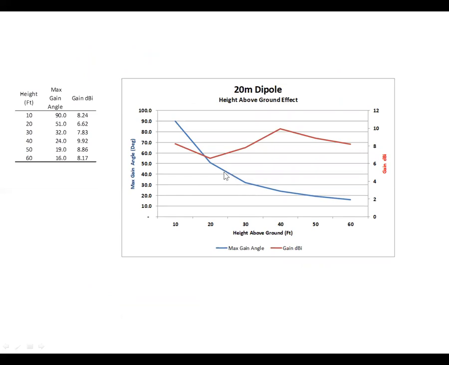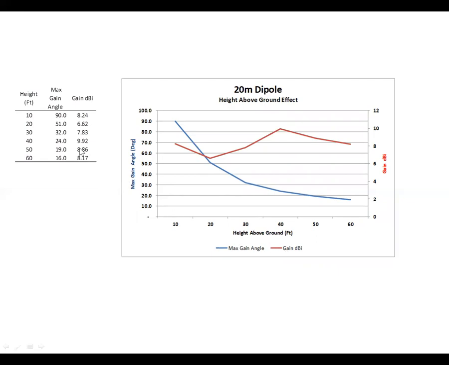And so if you look at this graph from the results, this is the height above ground. And what we're looking at is the max gain angle, and that would be the blue line. You can see that the higher we go, the lower the maximum gain angle is, which is the direction you want to go if you're looking for DX, distance contacts and that kind of thing.